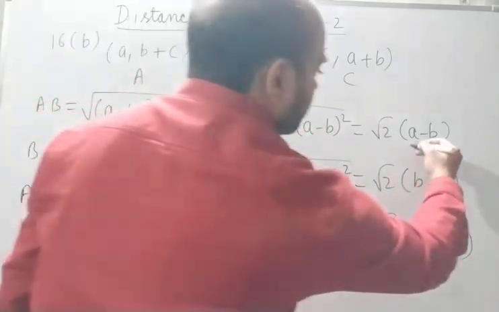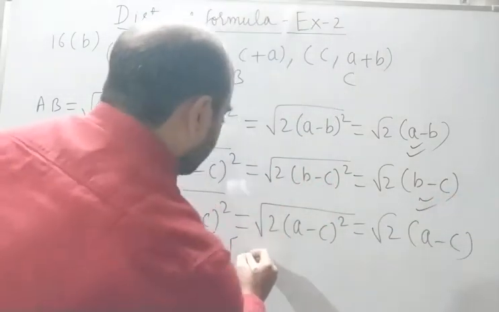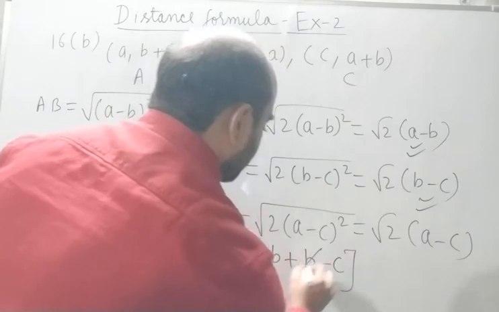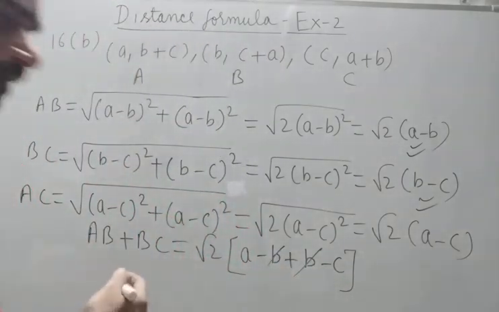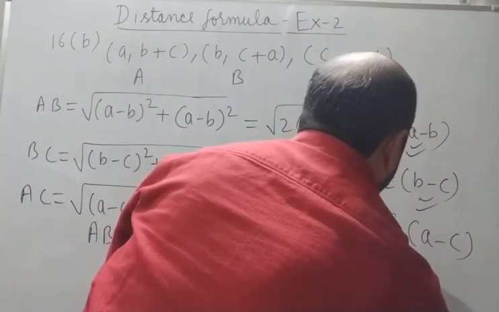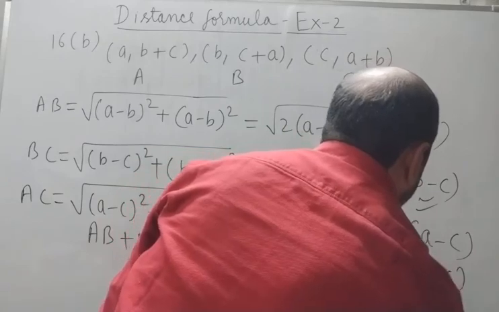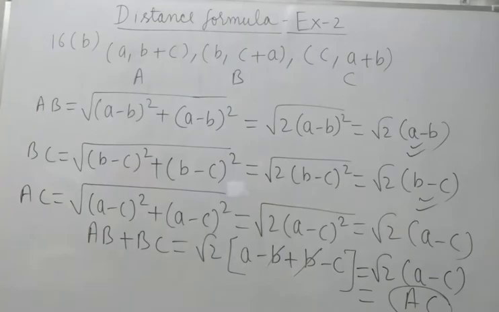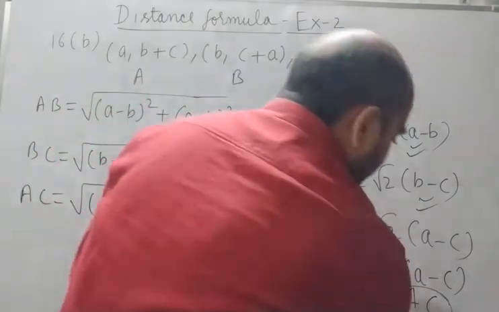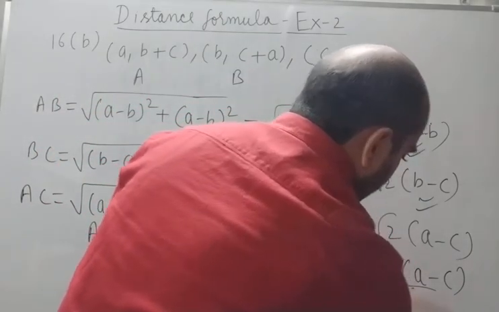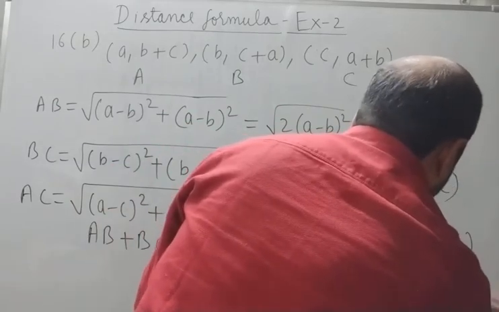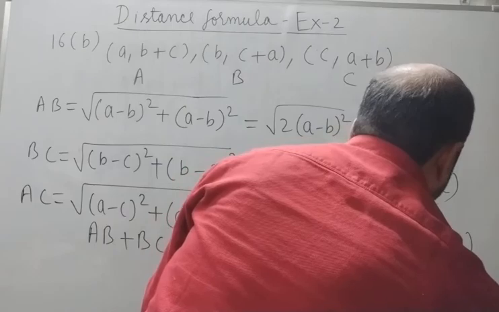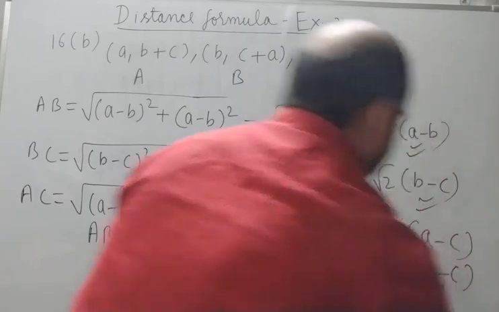What is left? A minus B plus B minus C. So minus B plus B cancelled. What is left finally? Root 2 (A minus C), and this distance is nothing but AC.